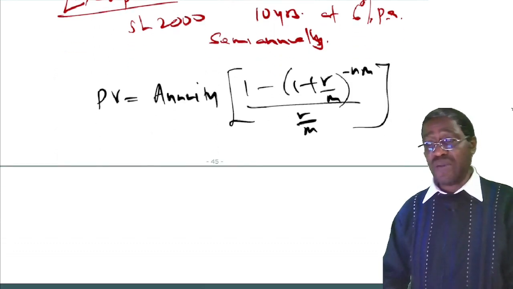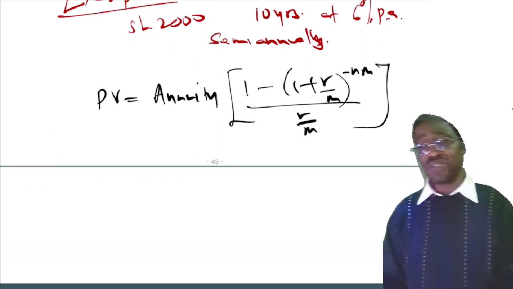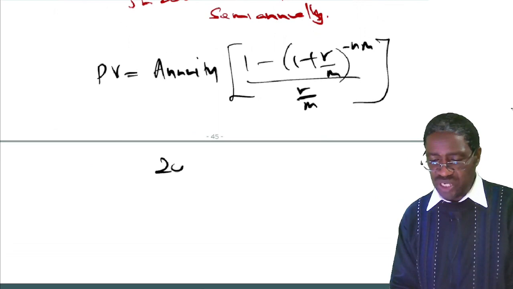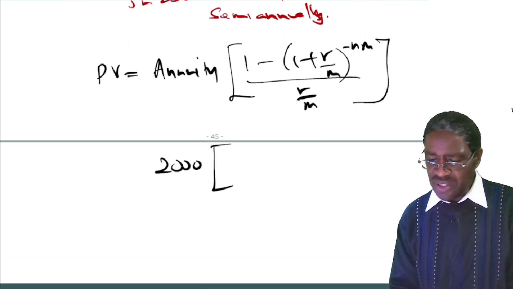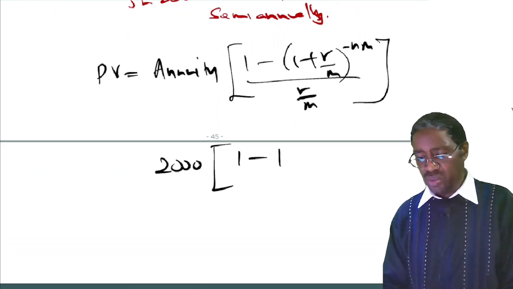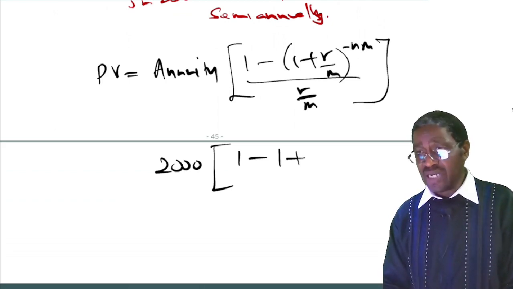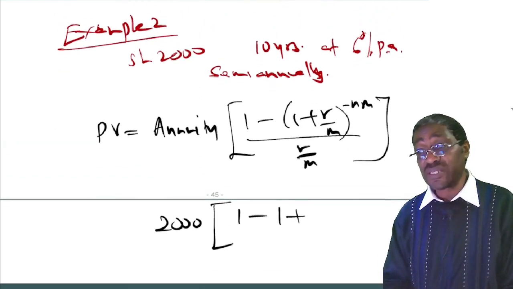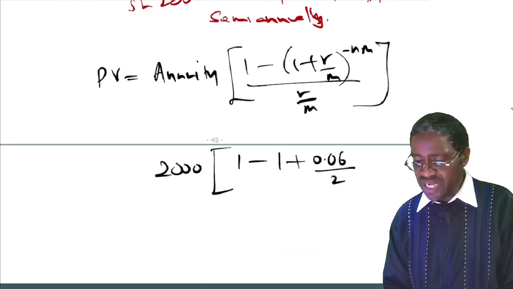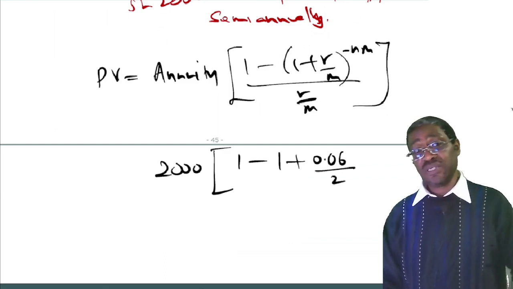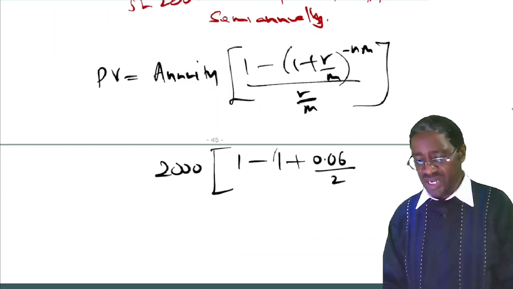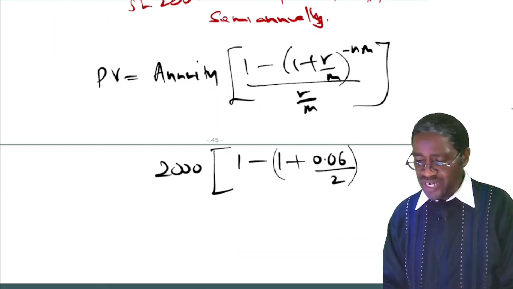Let's put in the amount now. Our annuity is 2,000 into 1 plus R. Our R is 6%, which is the same as 0.06. I divide that by 2 to get the rate per half a year. Then everything to the power of negative what?